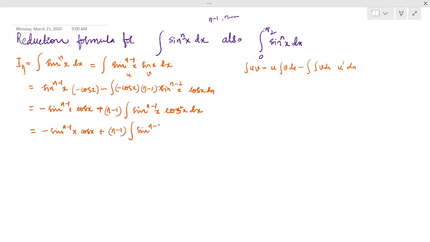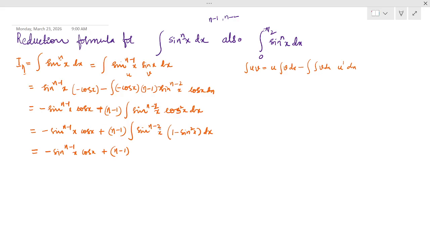Cos square x can be written as 1 minus sin square x by using the identity cos square x plus sin square x equal to 1.